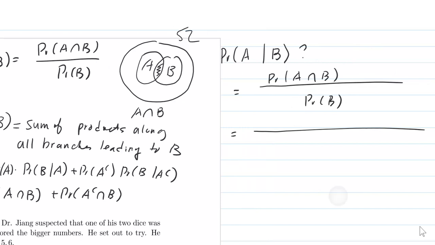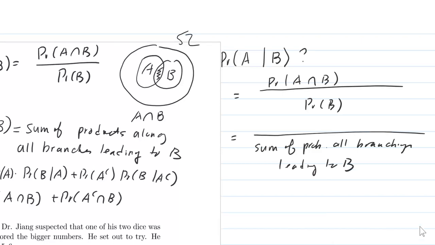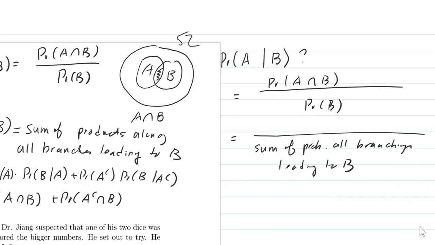This part over here is the sum of products along all branches leading to B. Okay? And on the top, we just have the product of that branch, just one branch, starting from A.